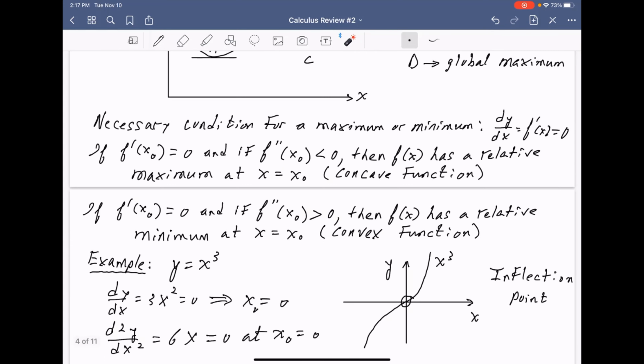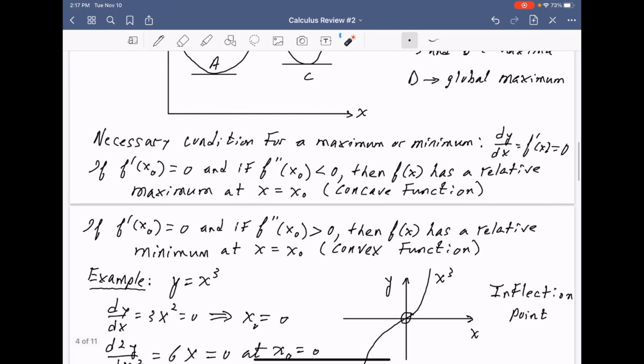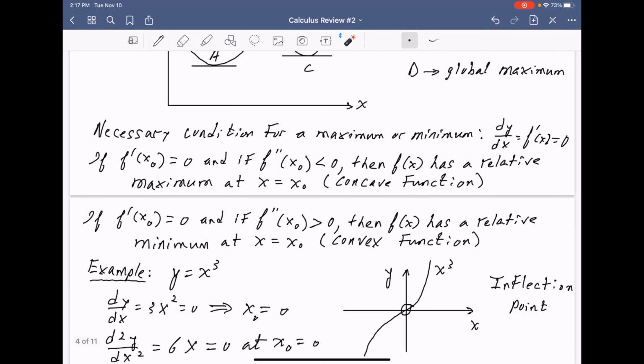Now, if you find one of these points, A, B, C, D, call it x0, if the first derivative of the function at that point, x0, is 0, and if the second derivative is greater than 0, then f(x) has a relative minimum at x equals x0, and you get a convex function.